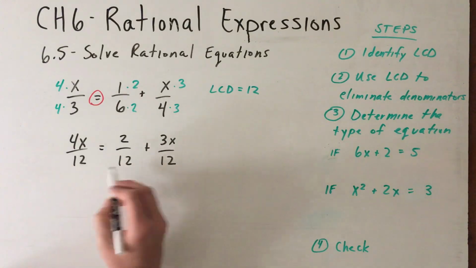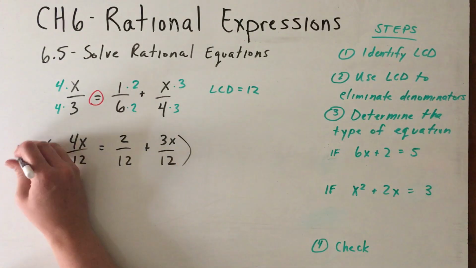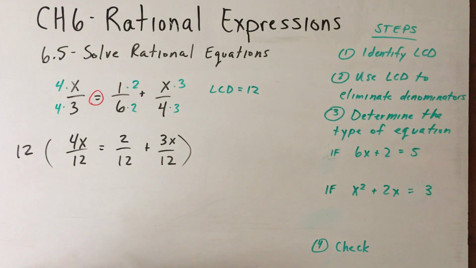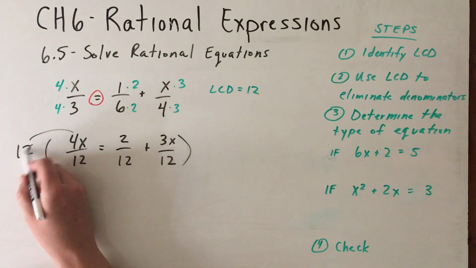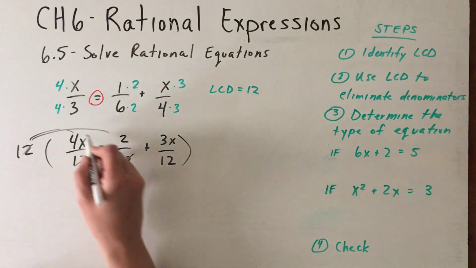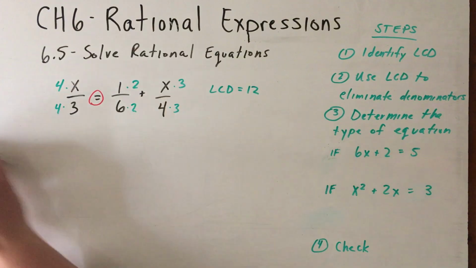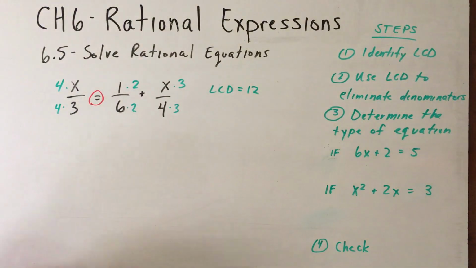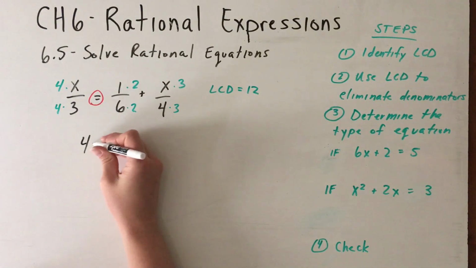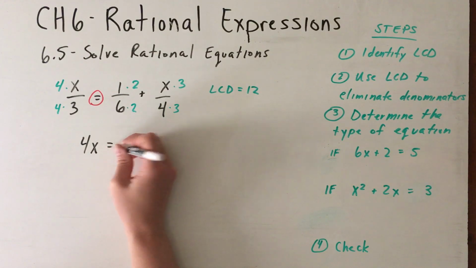When the denominators are all the same, if I multiplied this equation by 12 and distributed that in, this 12 would cancel out every one of these 12s, so all you would have left is the numerators. So when the denominators are the same, we can just wipe them out, because what's left is just the numerator. So our resulting equation is going to be 4x is equal to 2 plus 3x.